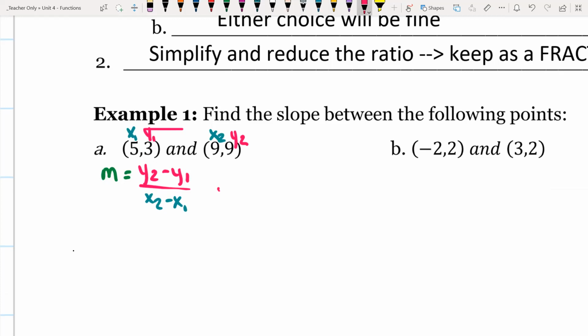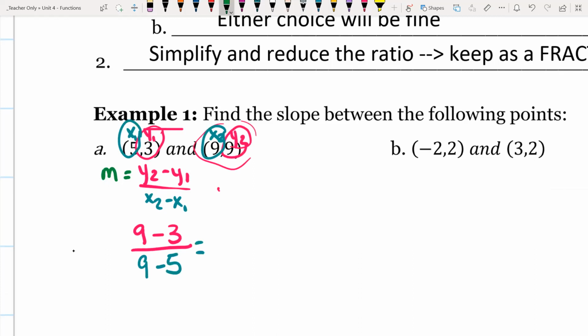We plug them in. So we labeled this the 2, so this one comes first. So we'll do 9 minus 3, because that's y2 minus y1, over our x2, which is 9, minus our x1, which is 5. And now we simplify that fraction.